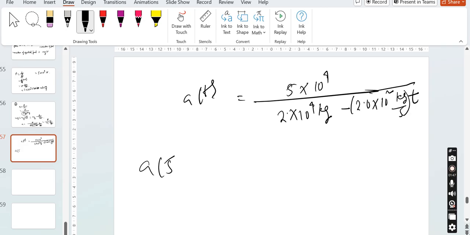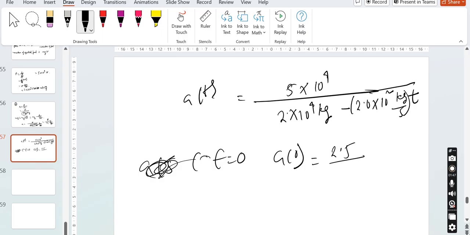Now to obtain the spacecraft acceleration at t is equal to 0, 15, 30 and 35, put t is equal to 0, so we'll get acceleration at 0, that will be 2.5 meter per second square.